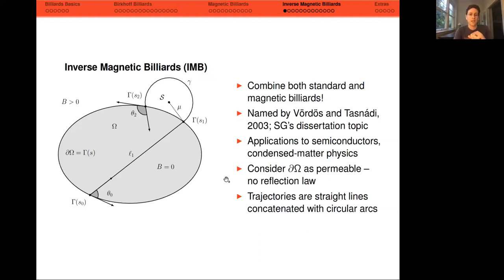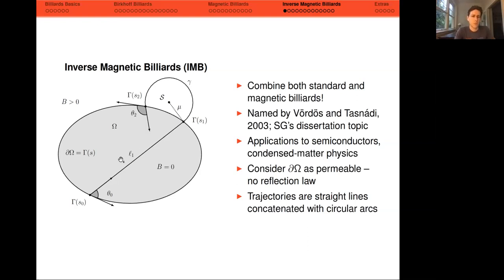It's now seen as a delineation between the interior of our table, which has zero magnetic field, and so our charged particle, our billiard ball, moves in straight lines. And as soon as it reaches the boundary, that magnetic field is instantly on, and this charged particle moves in a circular arc of the same Larmor radius mu.